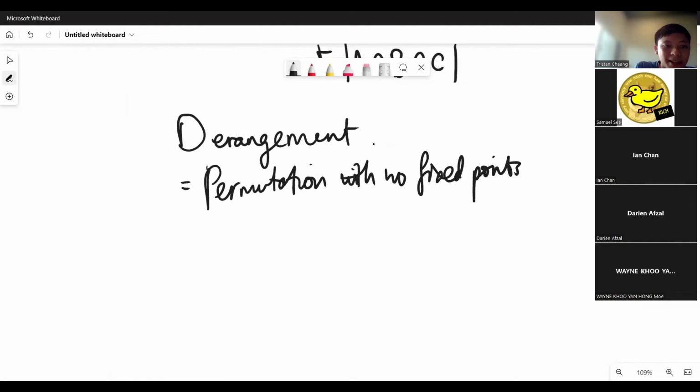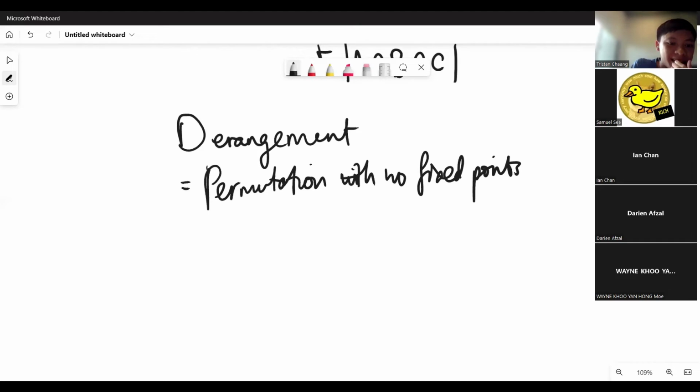Well, if I ask you for a permutation with one fixed point, the first one, let's say, that's easy to calculate, right? Because you just fix one, and then you just permute the remaining n-1 elements.